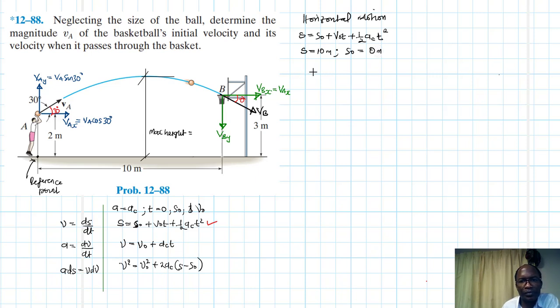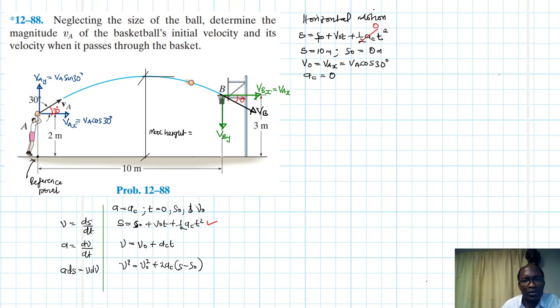V naught in our case is equal to VAX, which is VA cos 30, and AC is equal to 0, therefore this part is all 0.